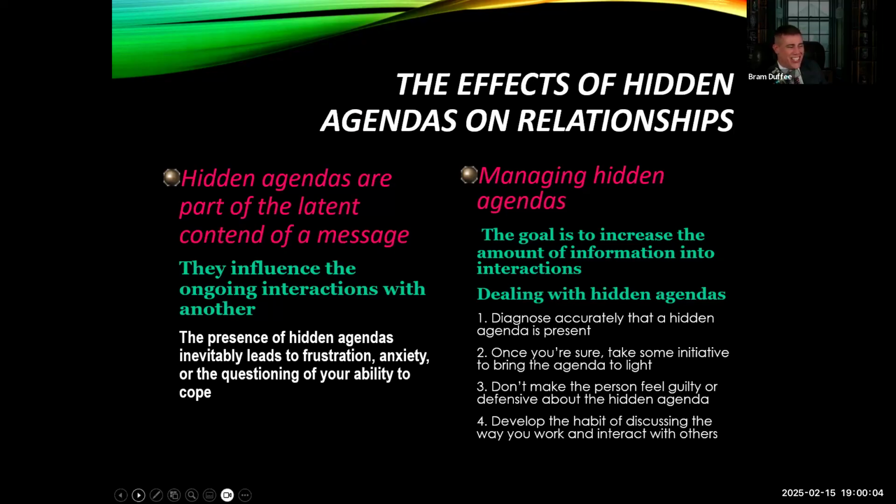Once a hidden agenda has been discovered, you just have to take the initiative to bring it to light gently, because this isn't about blame or making the other person feel defensive. It's about creating a place for honesty, if that's what you're trying to do. So, for example, you could say something like, I sense that there might be some unspoken feelings here.